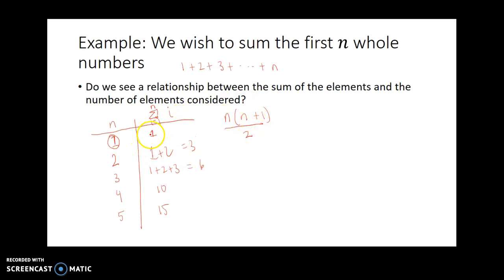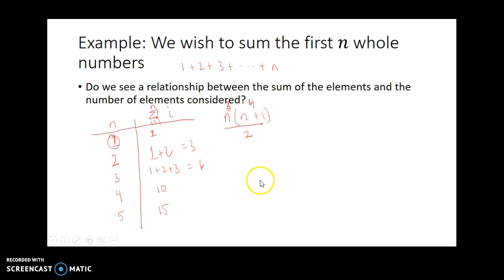For example, if n is 2, 2 times 3 is 6, divided by 2 is 3. If I want to sum the first 3 numbers, 3 times 4 is 12, divided by 2 is 6. So this seems to be a quicker way to get these summed values rather than going through the iteration of adding each time.